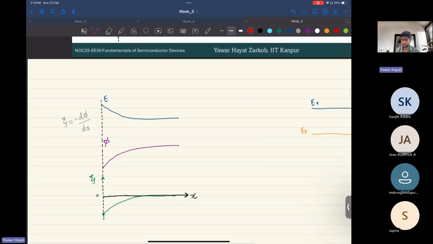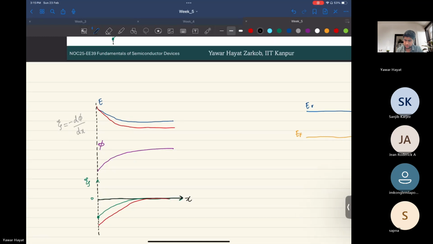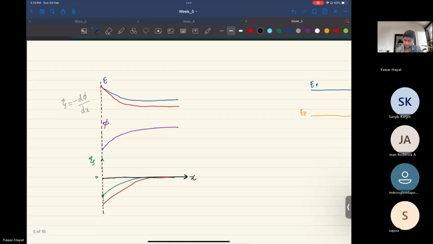We use red. So the new band profile comes down.